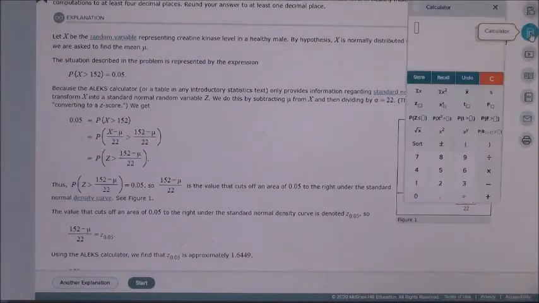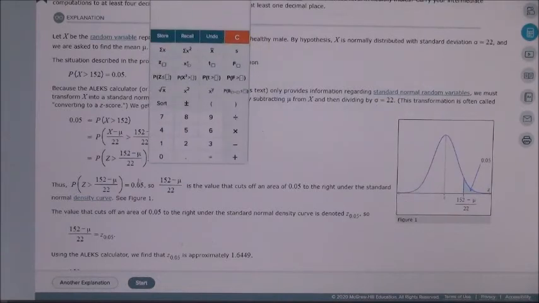On my Aleks calculator, I am using the P of z is less than or equal to, but since I'm going to the right, I'm going to do 1 minus the probability that z is less than or equal to. If I just want to put it all in at once, I'm going to type in the 72 minus the 69.5.